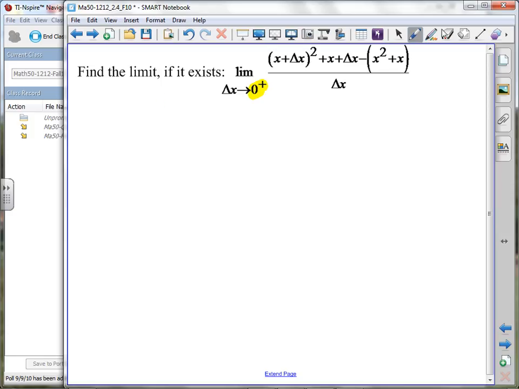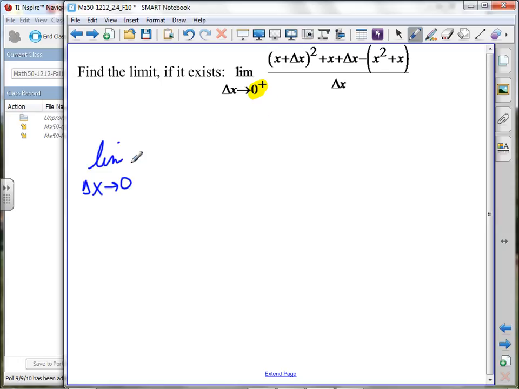Actually, on this problem, if I want the limit, I'm going to work it as if it just says 0. I would work it exactly the same way. Now, when I get my answer, then is when I might need to look at this criteria and say, well, I have to be careful now with my answer because I cannot have answers that are less than 0.